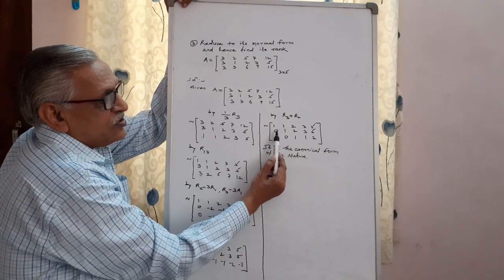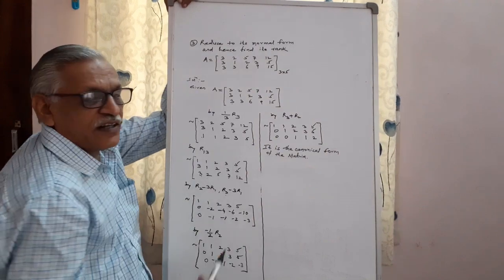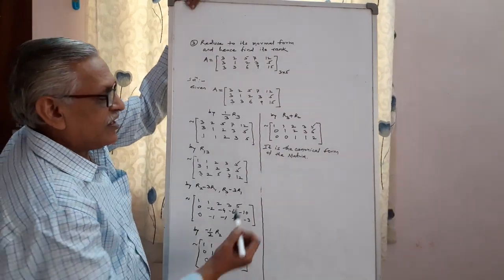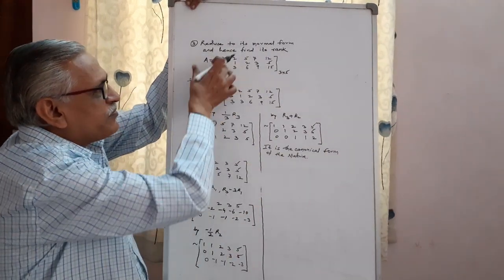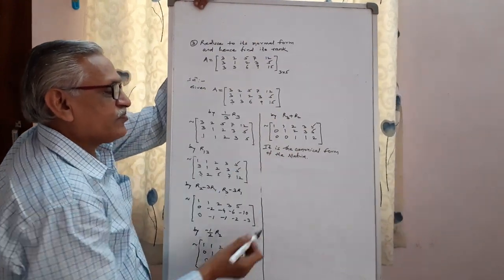The first row is a non-zero row, the second is also a non-zero row, the third is also a non-zero row. Therefore we get a rank of 3. And as the problem is to find the normal form, we continue. We go for the second part also.